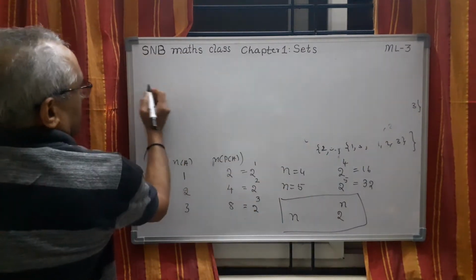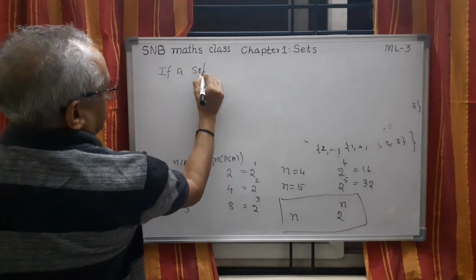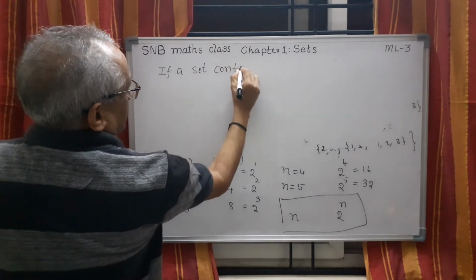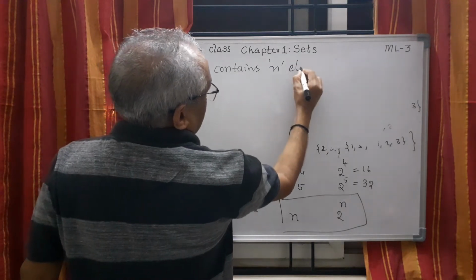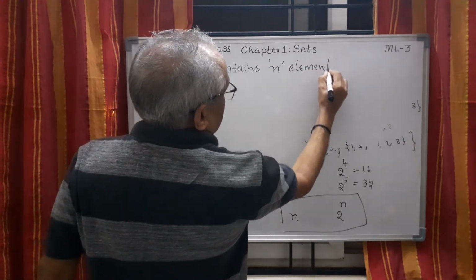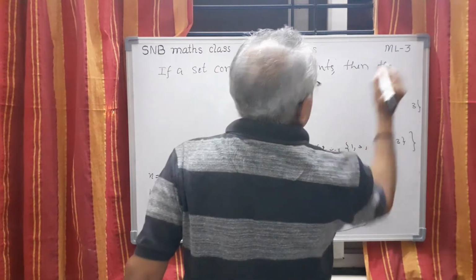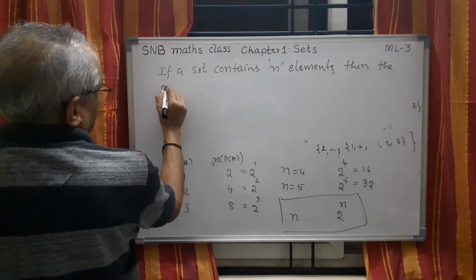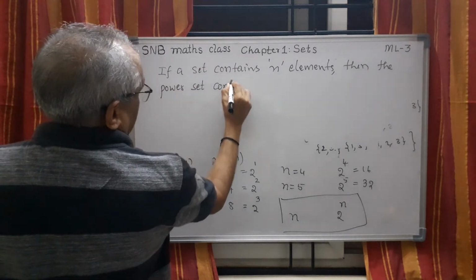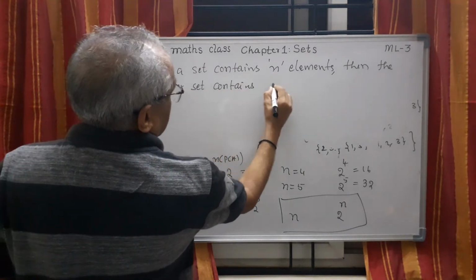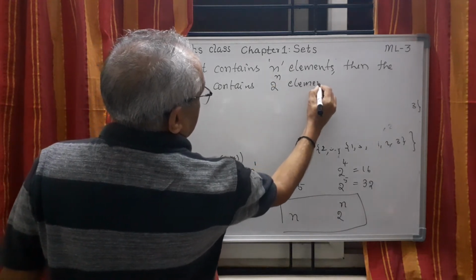So if a set contains n elements, then the power set contains 2 to the power n elements.